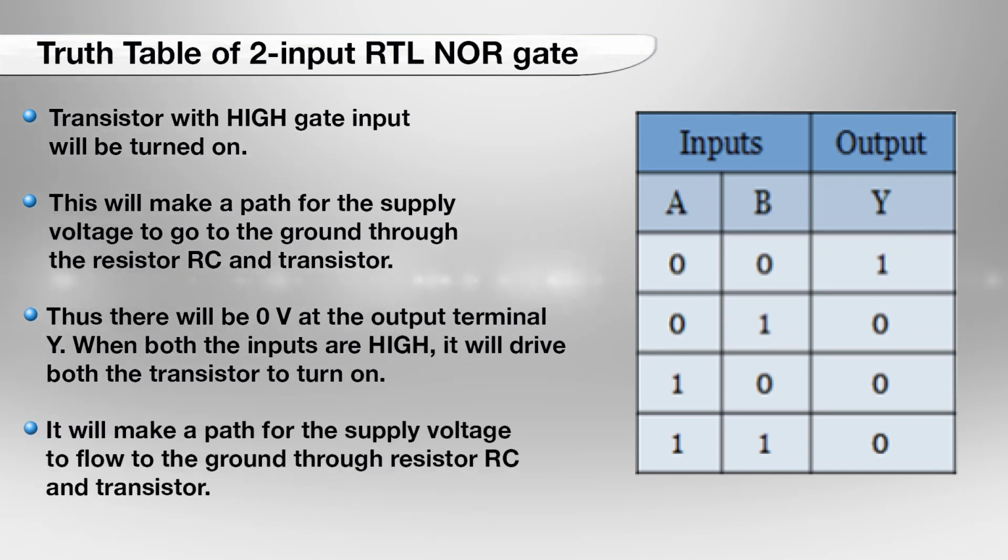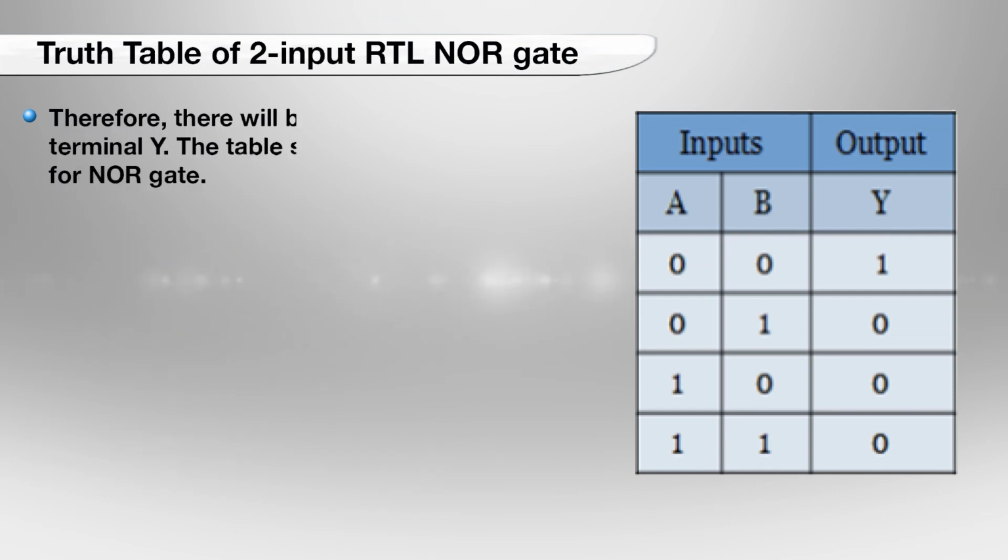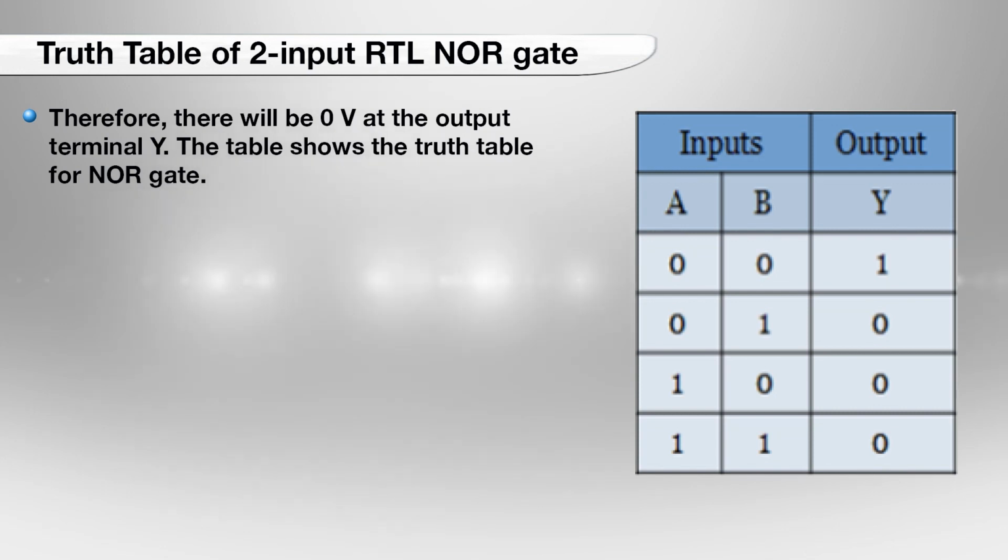It will make a path for the supply voltage to flow to the ground through resistor RC and the transistors. Therefore, there will be 0 volt at the output terminal Y. The truth table shows the truth table of the NOR gate.